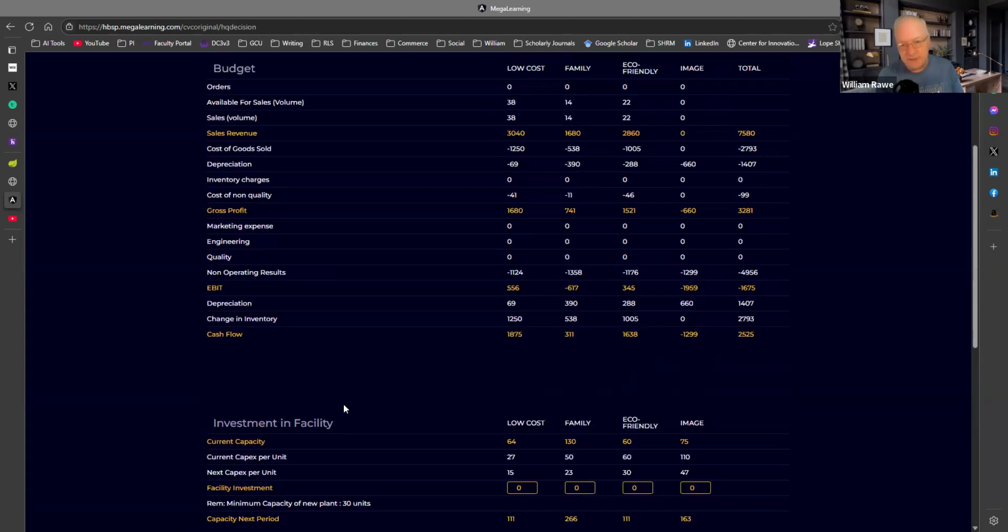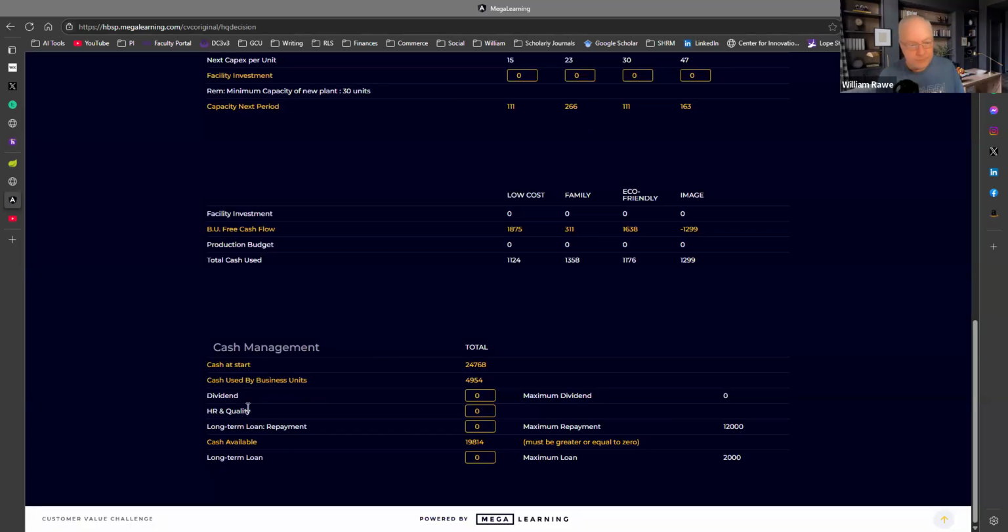You want to spend something, but you also, once you decide what to spend in HR and quality, you want to come up here and see what it's done to your operations. You may need to make some further adjustments to try and get your business units profitable. Long-term loan repayment, you do not ever in this game have to repay the loan.